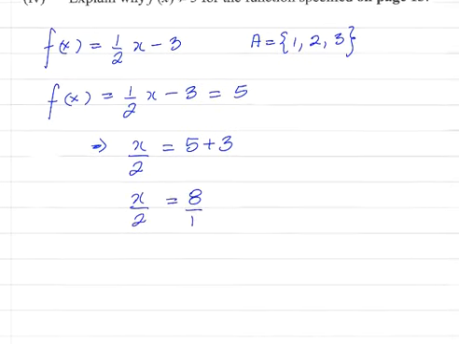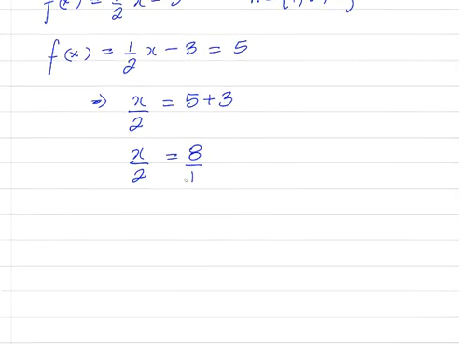If I have one fraction equal to one fraction, I would cross multiply. So 1 times x is equal to 2 times 8, which is 16.